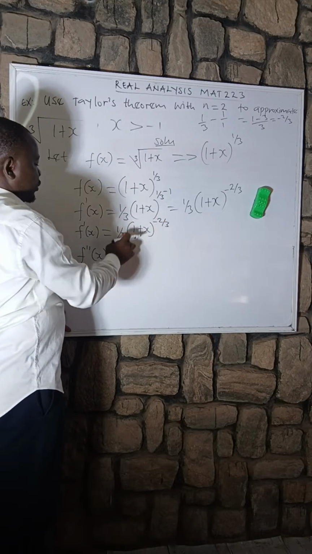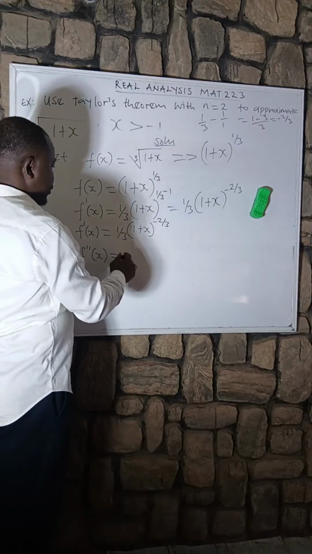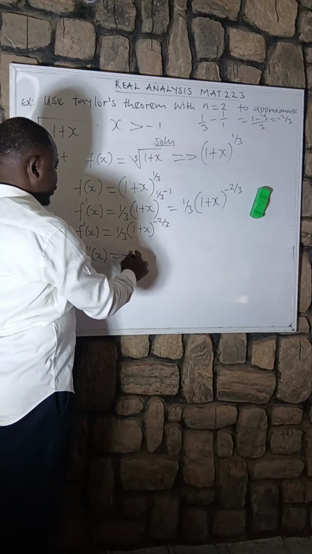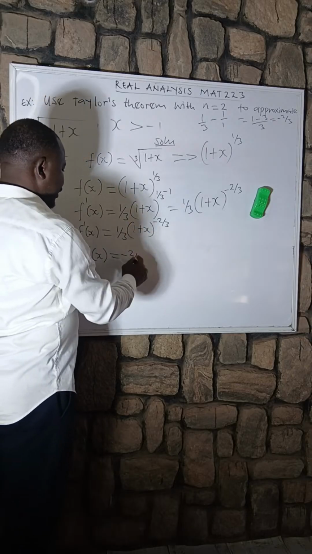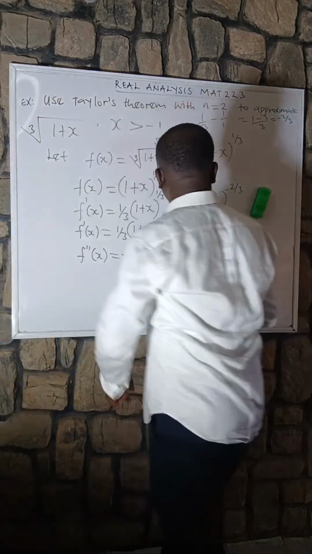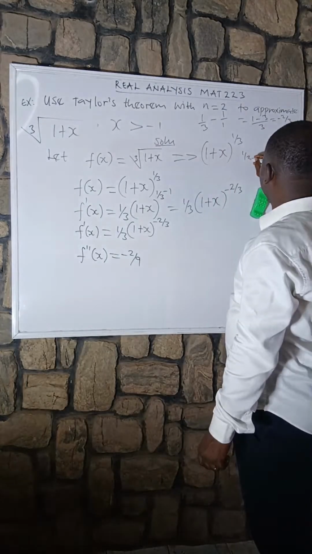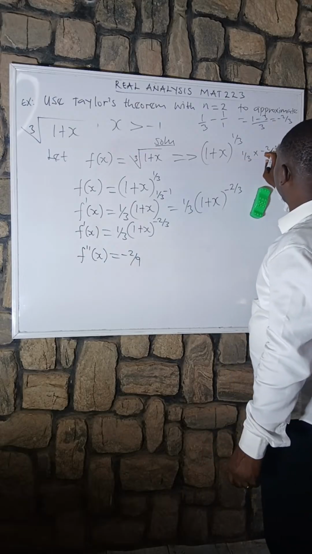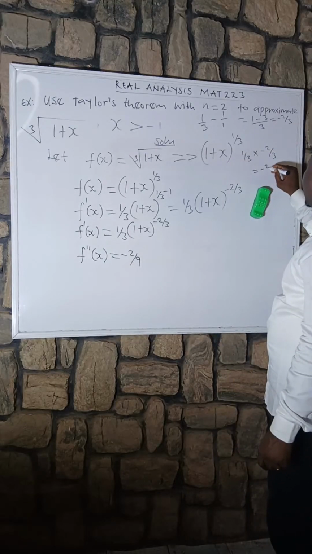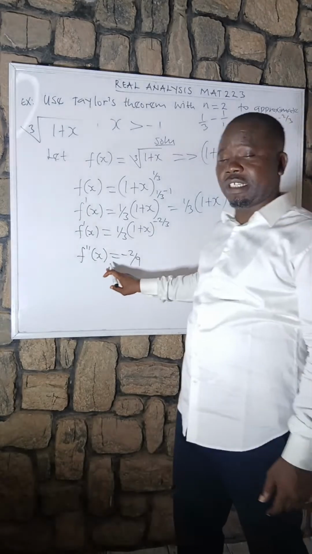Minus 2 all over 3 multiplied by 1 all over 3. So here will now be minus 2 all over, because 3 times 3 is 9. I know some of you are confused. This is how it is. We have 1 all over 3 times minus 2 all over 3. Use 1 to multiply minus 2. We are going to have minus 2 all over 3 times 3, which is 9. True or false? Please take note.